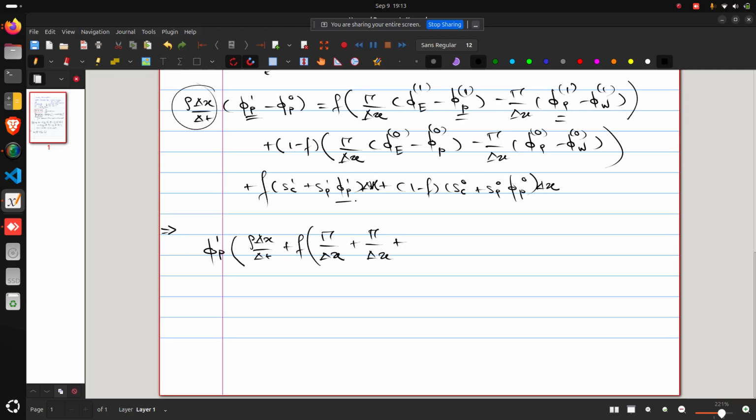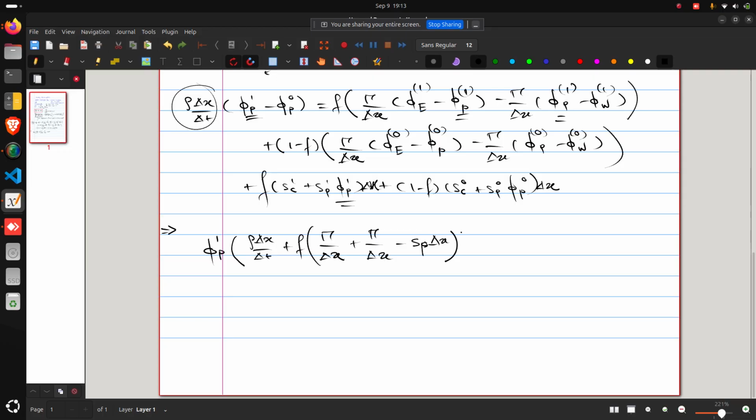We have this term also, which will be minus f times Sp1 delta x.